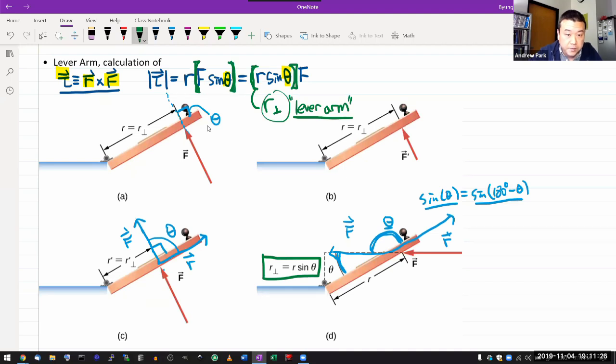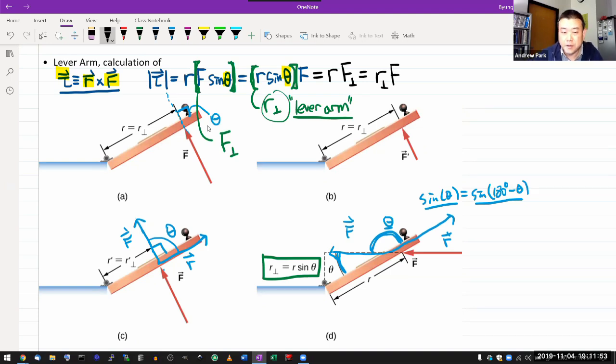And this particular expression would represent the perpendicular component of the force. So when you are calculating torque, you could do it as a distance times the perpendicular component of the force, or you could do it instead as force times the perpendicular component of displacement. Both are valid, both give you the same answer.